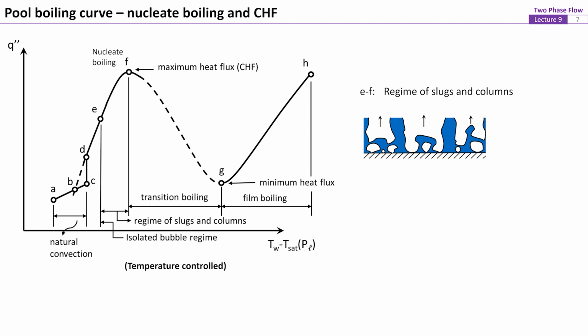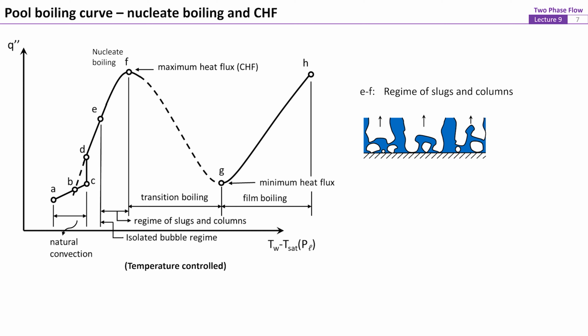The vapor columns moving upwards start to reduce the downward flow of liquid, and the hot surface of the solid is covered more and more by the vapor slugs and separated films. This makes heat being transferred through the vapor film at some locations. Since the thermal conductivity of vapor is usually lower than that of liquid, the heat flux from the surface starts to increase slowly with increasing excess temperature.